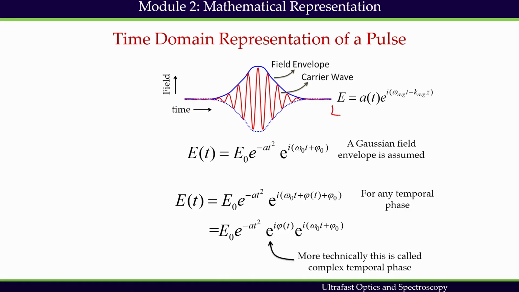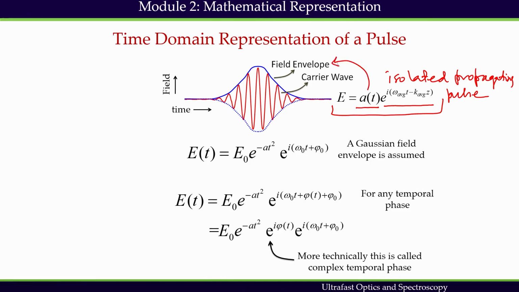So that was the general expression of an isolated propagating pulse, where A(t) is the envelope function and this complex part is representing the carrier wave. So A(t) is representing the field envelope and this part is representing the carrier wave.